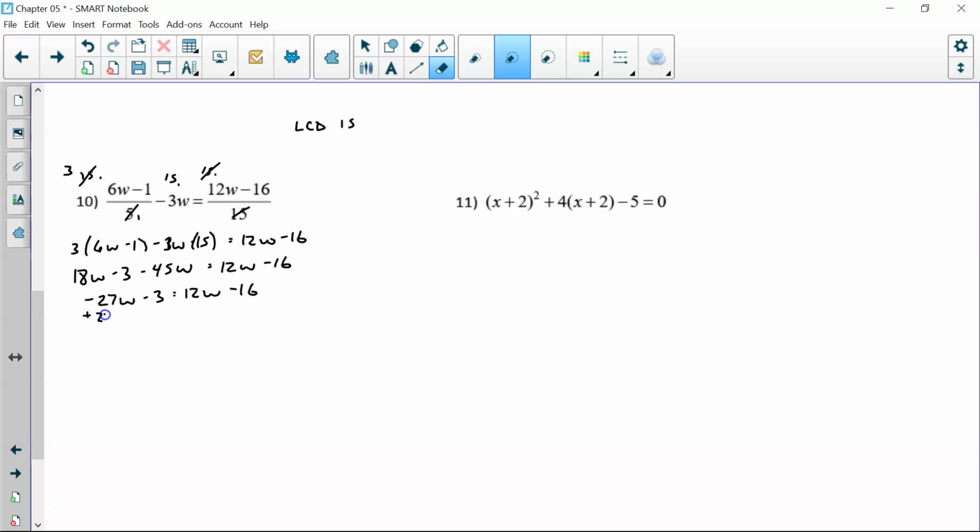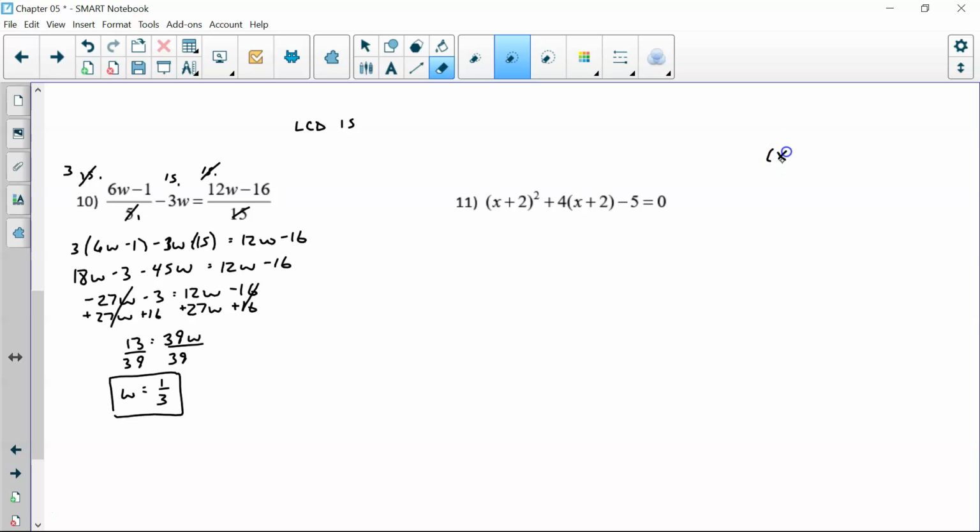I'm going to add 27w to both sides. I'm going to then add 16 to both sides. So I get 13 equals 39w. Divide both sides by 39. W equals 1/3. There's your solution.